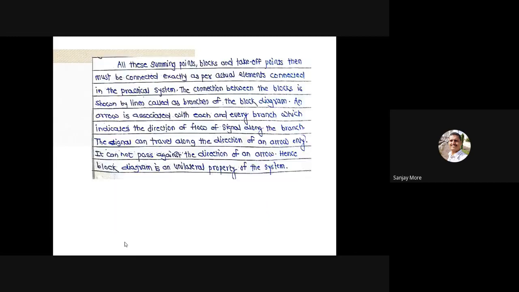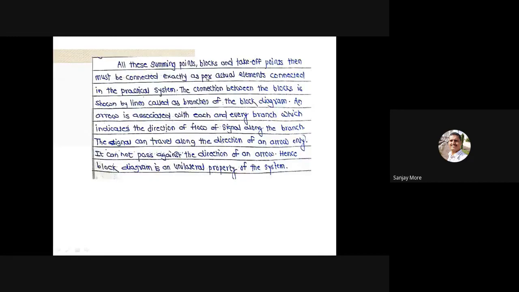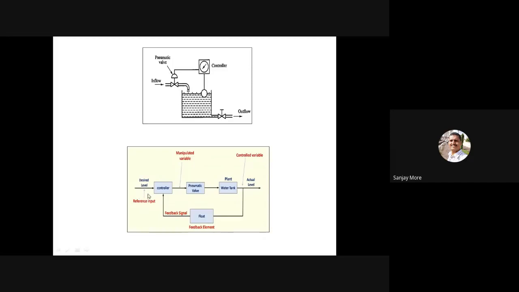All these summing points and blocks, r(t), c(t), e(t), m(t), f(t), and the takeoff points must be connected exactly as per the actual elements connected in the practical system. Here, these summing points and takeoff points are actually connected with the help of this diagram.